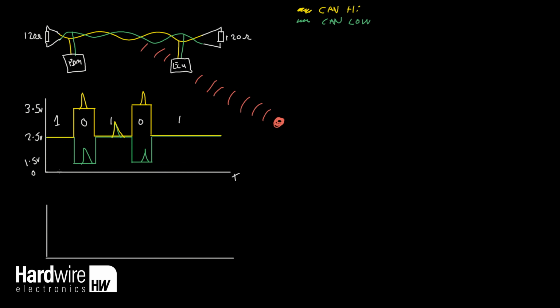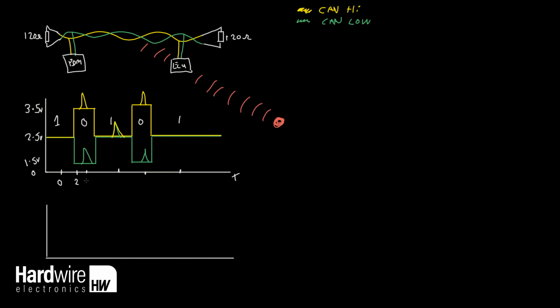So if we manually look at the difference in voltage at a couple of different points, just to go through this together, we can look at this point, here, here, here, and here. At this point, CAN high minus CAN low is 2.5 volts minus 2.5, that's going to be 0 volts. At this point here, we have 3.5 minus 1.5, so that's going to be 2.